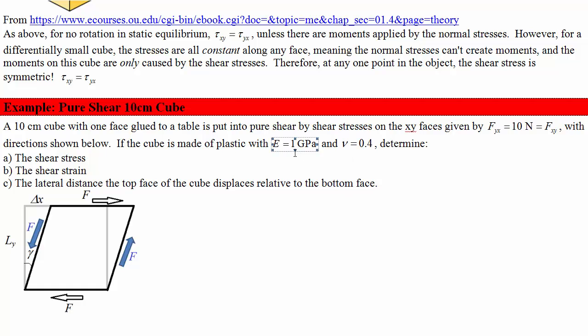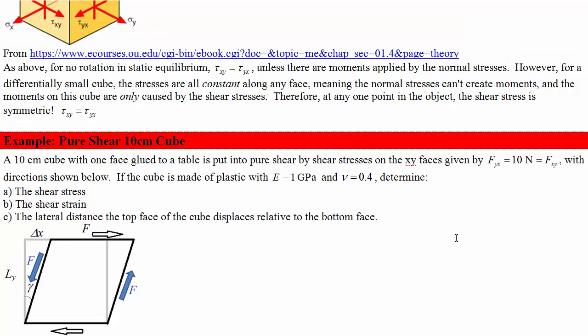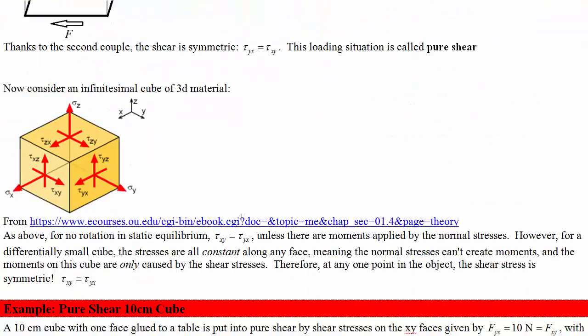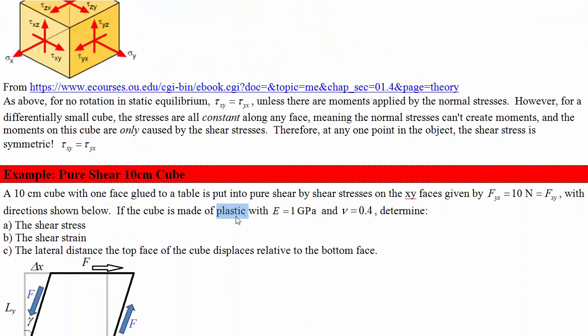Here they've given us Young's modulus and Poisson ratio, but they haven't given us what we really need, which is the shear modulus. However, as long as it's an isotropic material, which is pretty likely if it's plastic, we can find it. Typically, plastics are kind of like an amorphous blob of all kinds of polymers, just sort of globbed together without a particular structure.